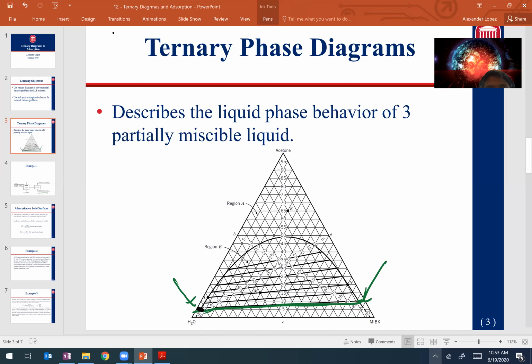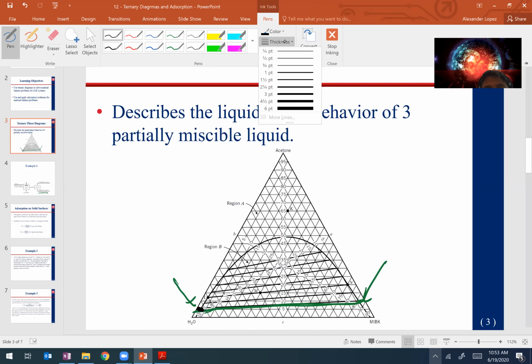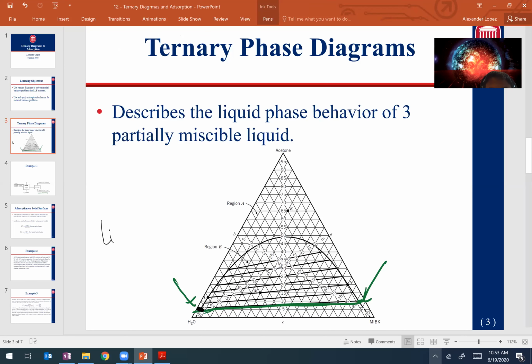Make it thinner. If my acetone composition is 0.05, then my water composition is about 0.925, and my MIBK is only about 2.5%.